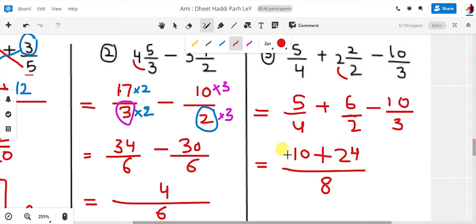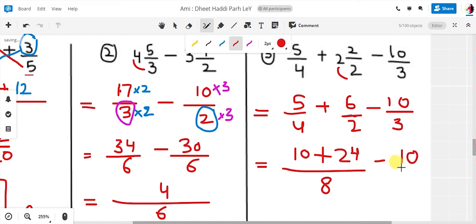Okay, in case of addition, it will not affect your final answer, since 10 plus 24 or 24 plus 10 will give you the same thing. But when it comes to subtraction, your answers will change, right? So you have to be super careful.